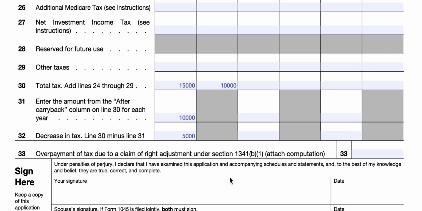So depending on your tax situation, you may want to, at the very least, talk to your accountant about it, even if you do the calculations yourself.